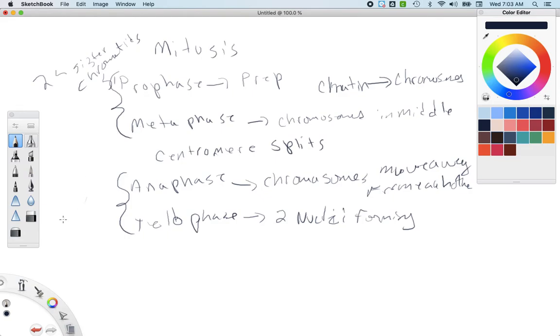And over here, when we say chromosome, we mean one sister chromatid. All right, so let's take a little bit closer look at that. And that telophase will be followed by cytokinesis.